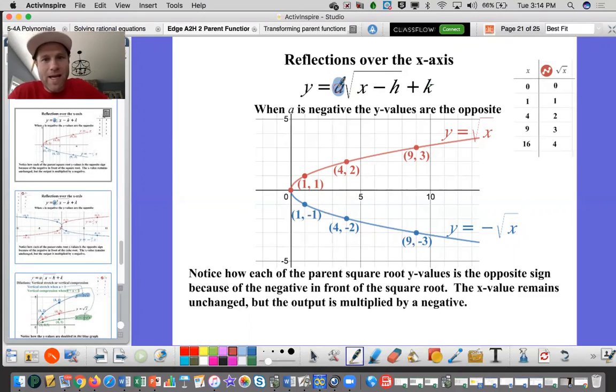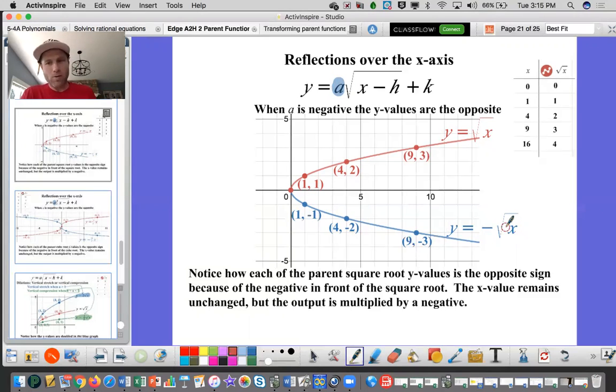If I have a negative in front of this, what really ends up happening is I have this square root of x that I'm going to be multiplying by a negative. So if you think about it, it's our output. It's going to be our y value that we're multiplying by a negative. So what once was a positive 1 is now going to be a negative 1, or a positive 2 is now going to be a negative 2. 3 is now going to be a negative 3 when I plug it in here.